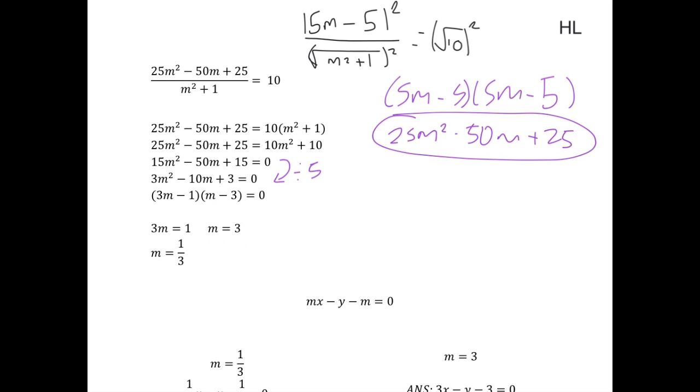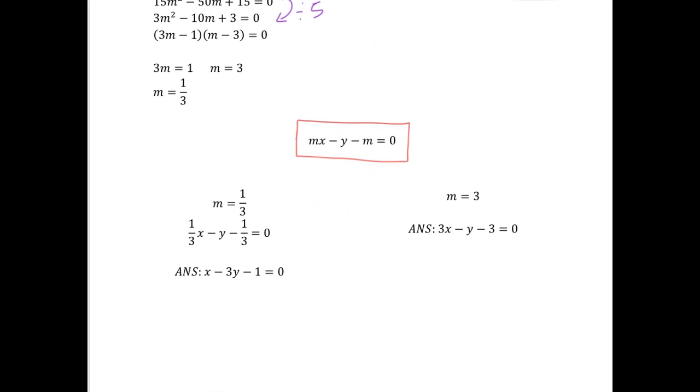So then we go back to that general equation for the tangent we had in terms of m. But now we know what our two values for m are: either m is a third or m is 3. So filling that value of a third in for m, we get one third x minus y minus a third equals 0.